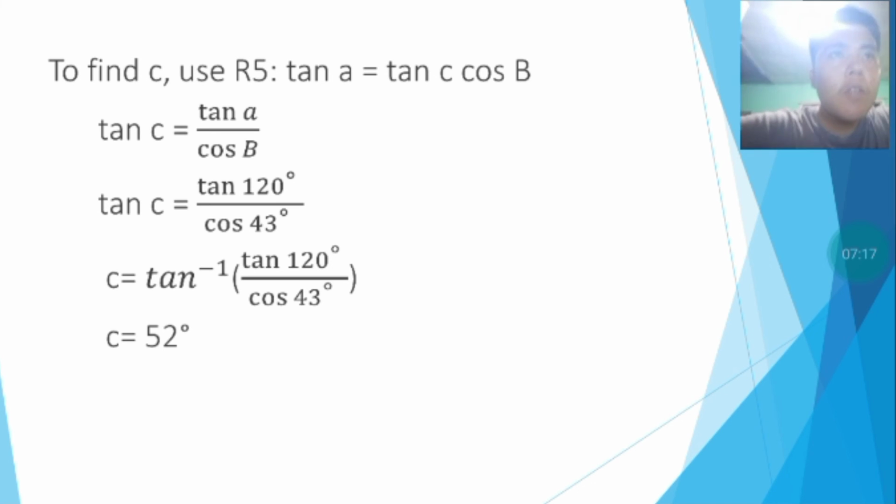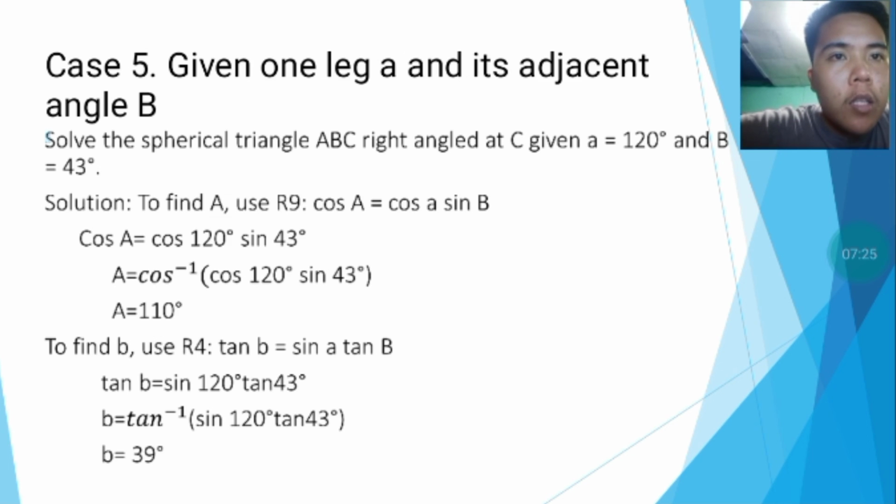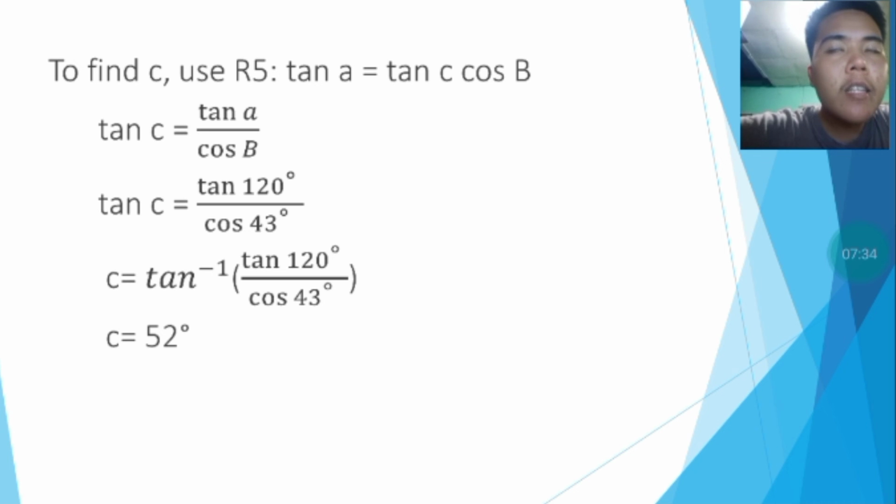If you use GeoGebra or a calculator, the result would be 52 degrees. So we have the value of big A, 110 degrees, small letter b, 39 degrees, and lastly, small letter c, 52 degrees.